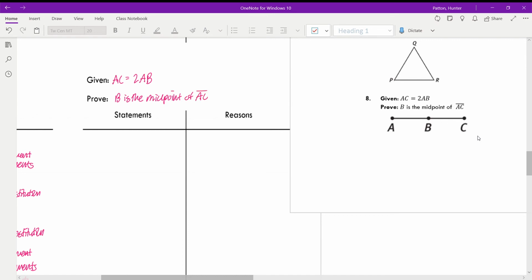So basically it's saying that the length of AC is equal to twice the length of AB right here. Okay? So, first statement.